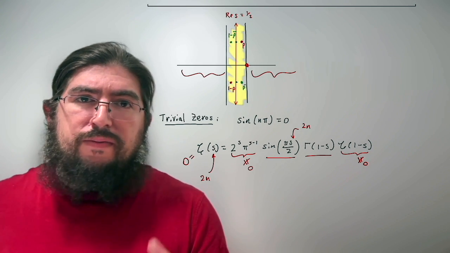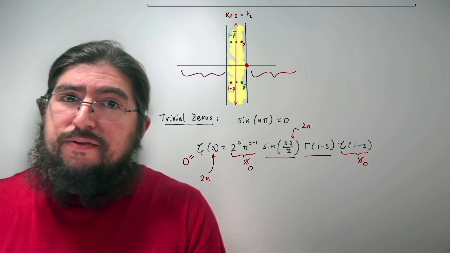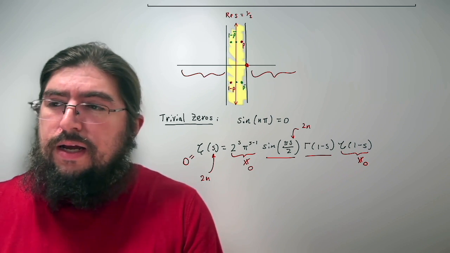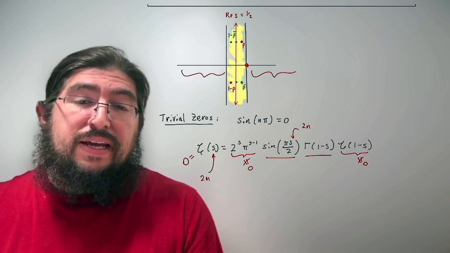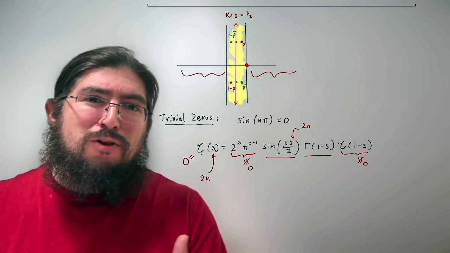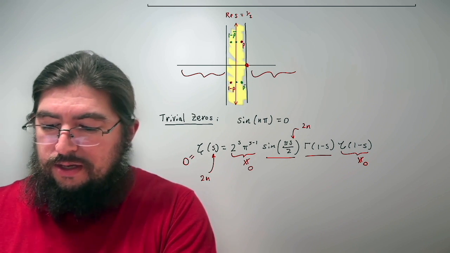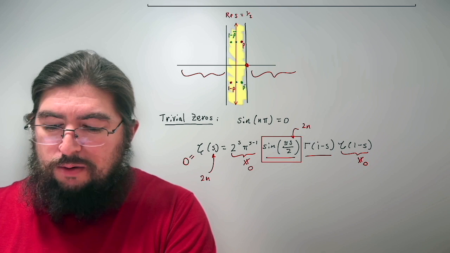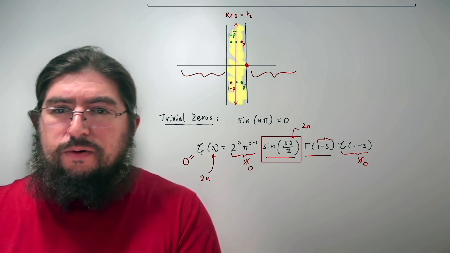We know this because we've calculated this before. In a previous video, I've actually shown this. Zeta of 2 is pi squared over 6, zeta of 4 is pi to the 4th over 90, and so on. In fact, there's a formula that Euler proved that zeta of any even number is a number that is closer to 1, but clearly it's not 0. So in fact, this is 0 when s is equal to 2n, but when s is equal to 2n, what happens is that gamma is infinity there, which cancels those zeros.